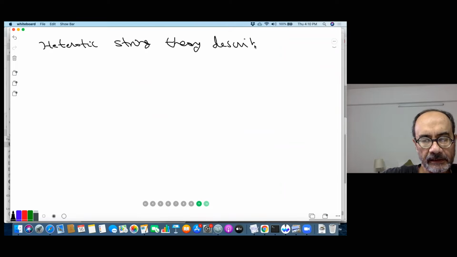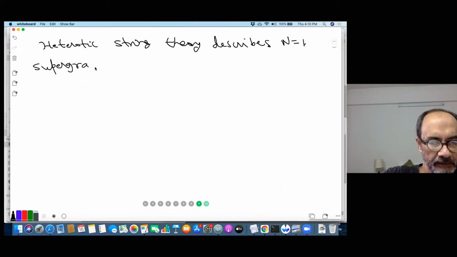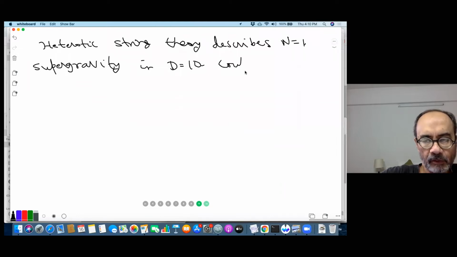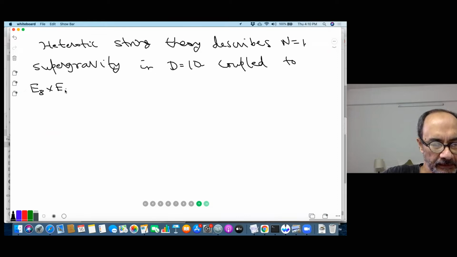Describes N equal to 1 supergravity in D equal to 10 coupled to E8 cross E8 or SO32 Yang-Mills, the super Yang-Mills.